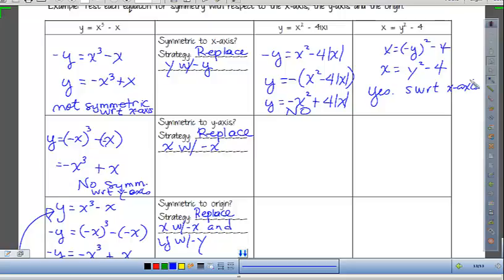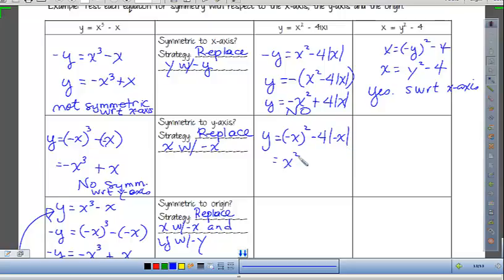Positive. Right. When we raise a negative number to an even power, that makes it positive. If it's to an odd power, it remains negative. Okay. All right. With this one, now we're looking at symmetry with respect to the y-axis. So I'm going to replace x with negative x. And here we get y equals negative x squared minus 4 times the absolute value of negative x.